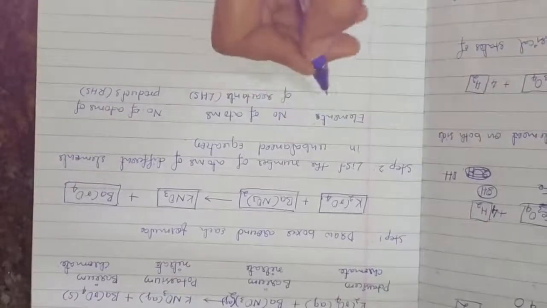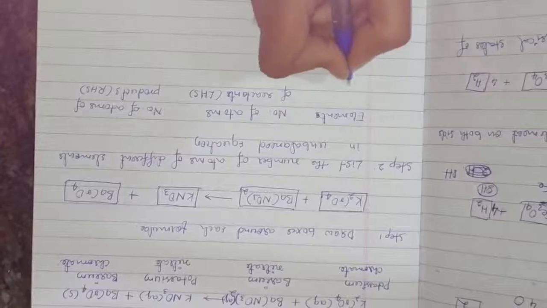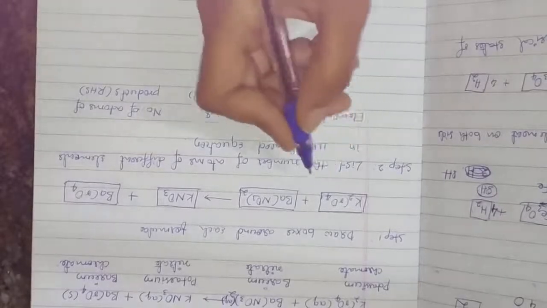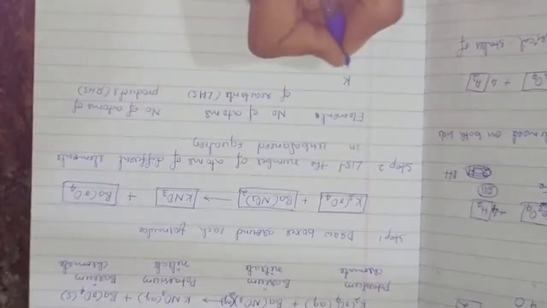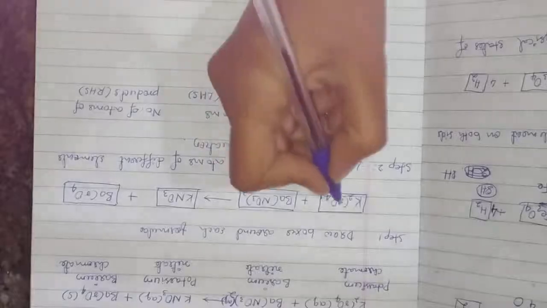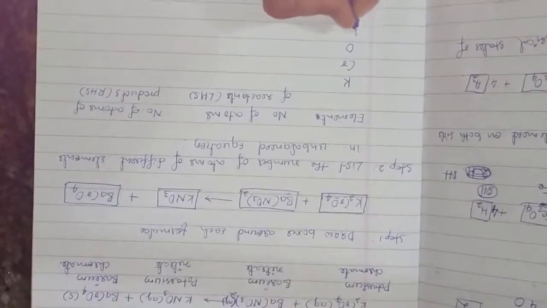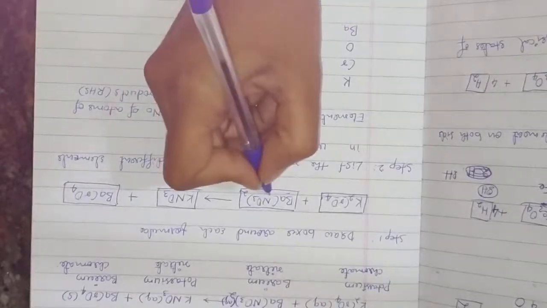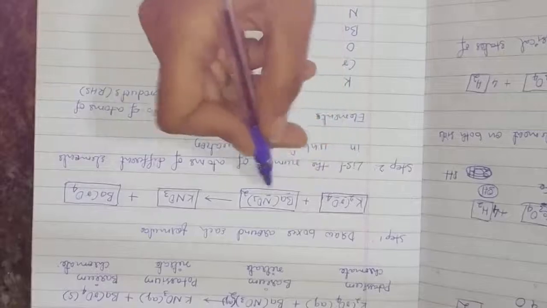So now see here, potassium. Now list the different elements involved in this chemical reaction: potassium, next chromium, next oxygen, next barium, and nitrogen.